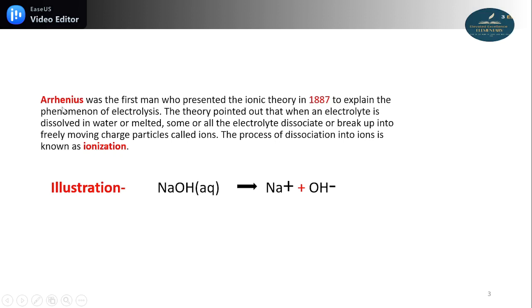Arrhenius was the first man who presented the Ionic theory in 1887 to explain the phenomenon of electrolysis.